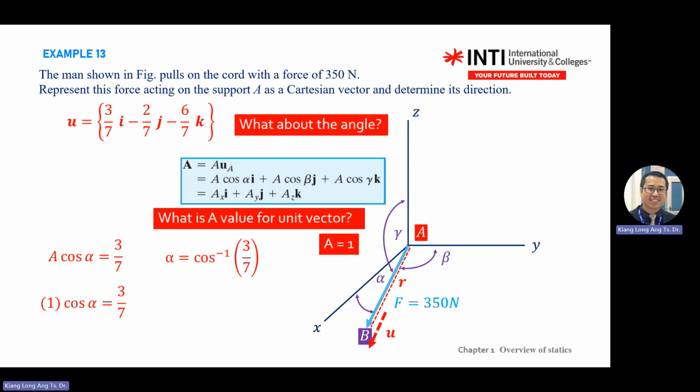But if you use F equal to F U, then this is F. Your A is a force magnitude. It depends on what you take and use. If you take unit vector, then A is 1. If you write F equal to F U, then you need to replace A with F lah.